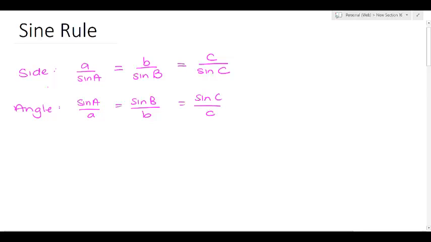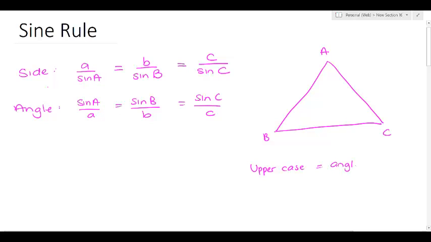To get these letters, we need to deal with the conventions of non-right angle triangles. With non-right angle triangles, we usually denote our angles with capital letters. Let's start with this triangle ABC. Our uppercase letters are our angles, and our lowercase letters are our sides.